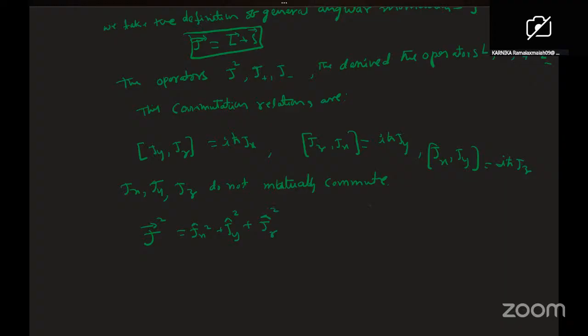Here, as already told, J square comma jx is equal to 0.